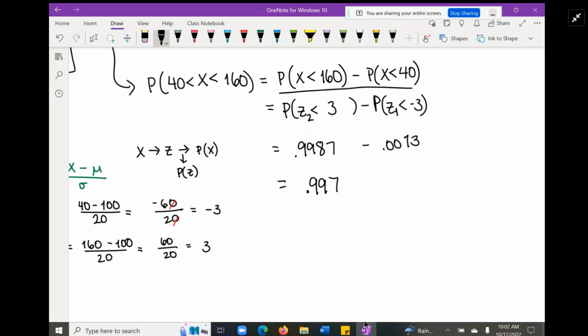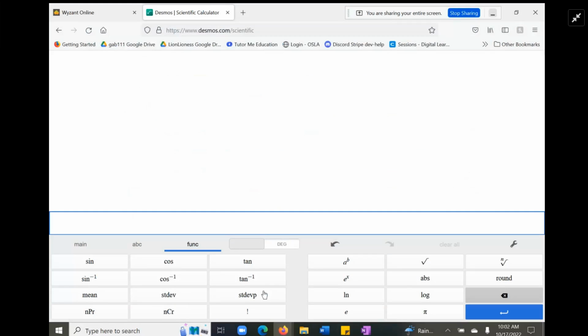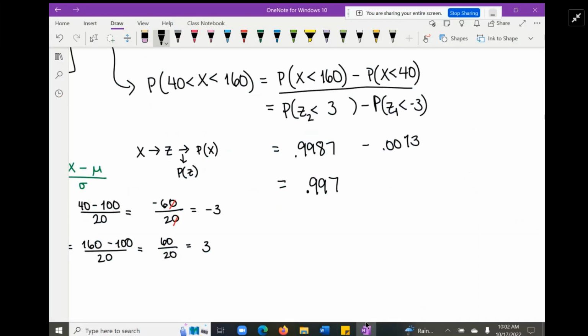If you want to go to Desmos and double check, 0.9987 minus 0.0013 gives us 0.9974. It's a little bit more precise there, but let's round it to three decimal places and we get 0.997, or 99.7%.